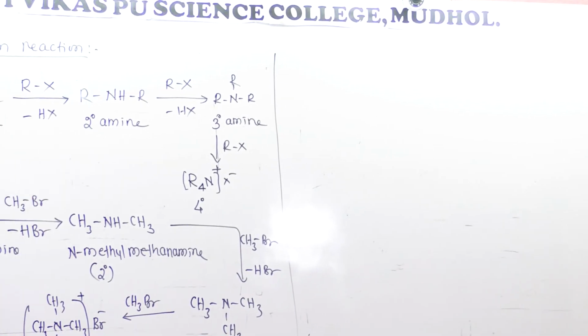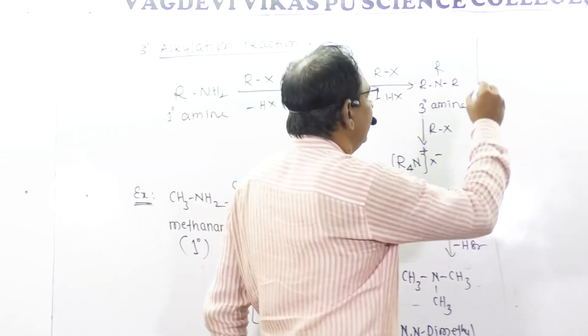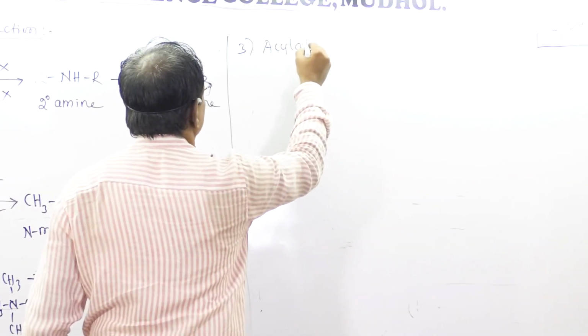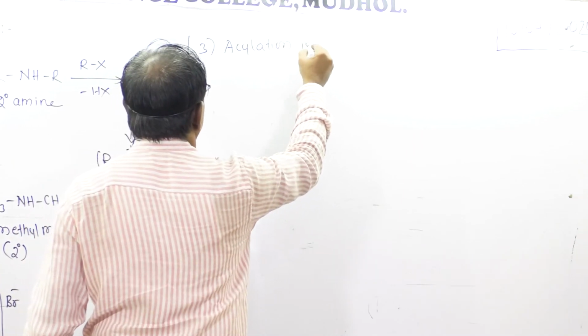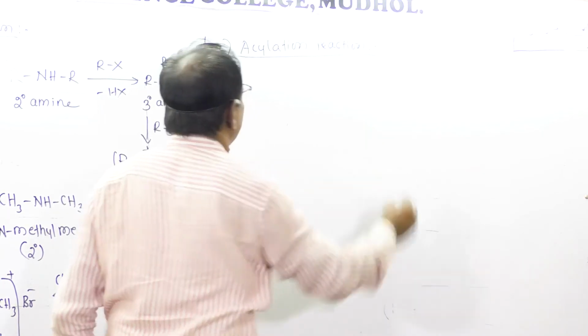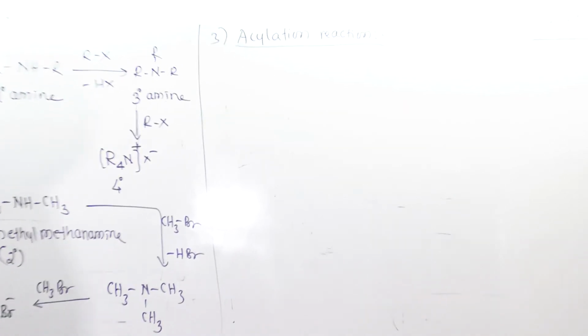The next reaction is alkylation, substitution of alkyl group. Then the third reaction is the acylation reaction. That means a substitution of acyl group. Acylation reaction means substitution of acyl group.